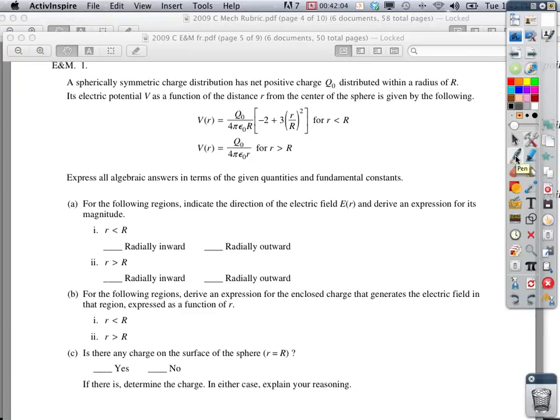See, this is negative for a while, and then it's positive later. But because of this negative, there must be an electric field pointing inward. Now this one has to be positive. You can't make this negative. Because it has to be positive, then that must be radially outward.